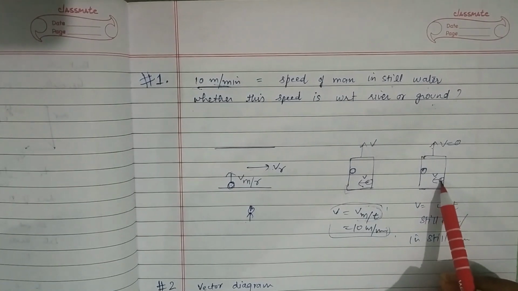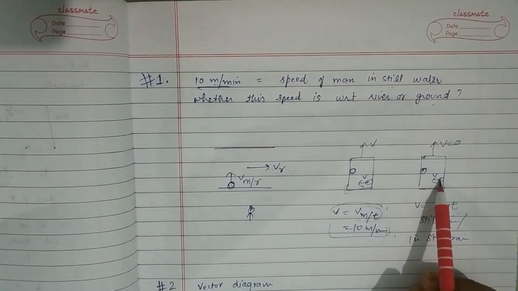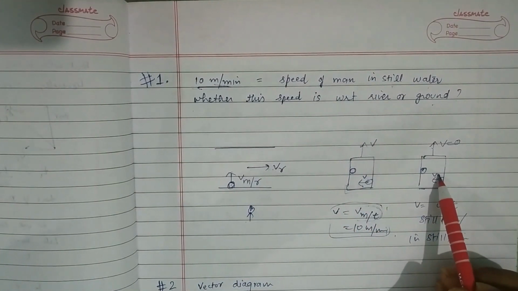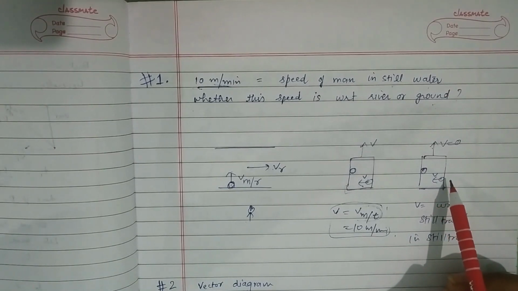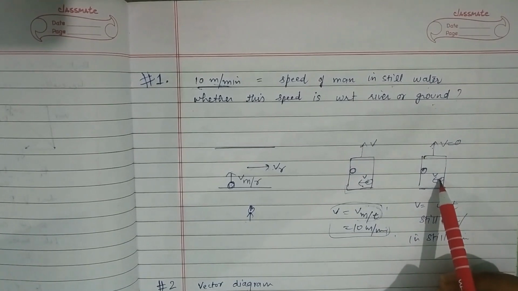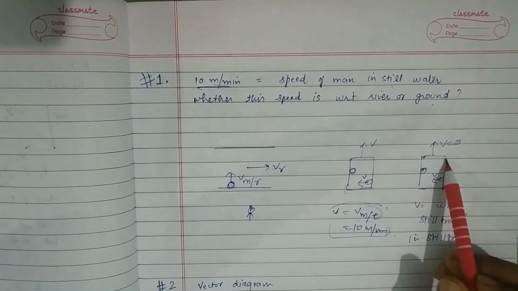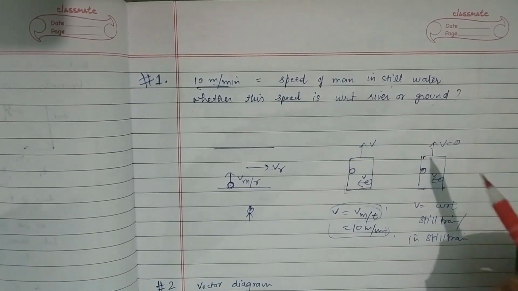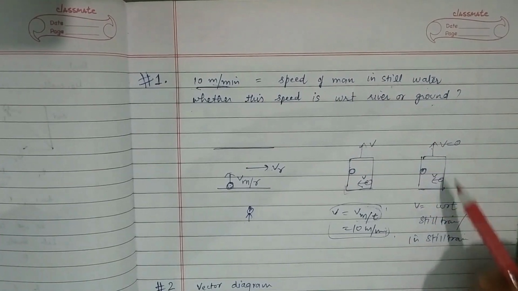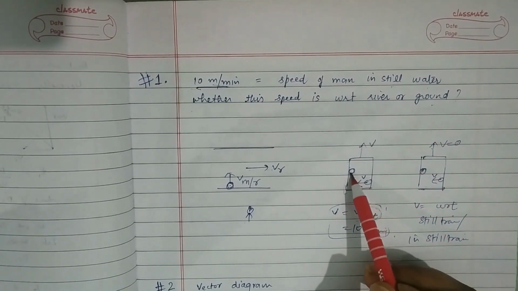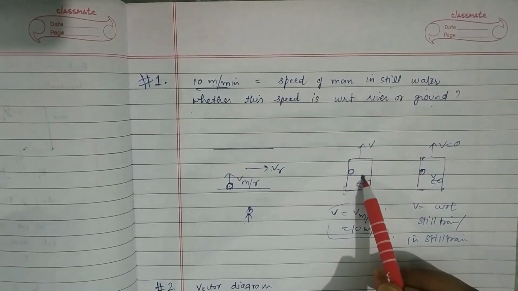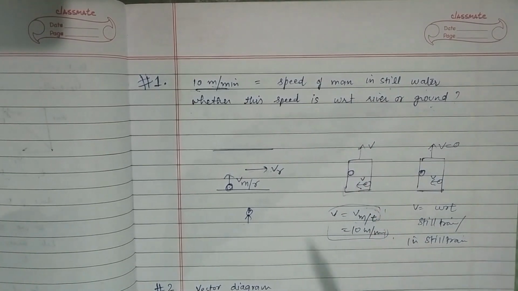Let's say the man is running with our swimmer velocity only, which is 10 meter per minute. As shown in the figure, we can easily say that 10 meter per minute is the velocity of man in still train, or velocity of man with respect to still train.